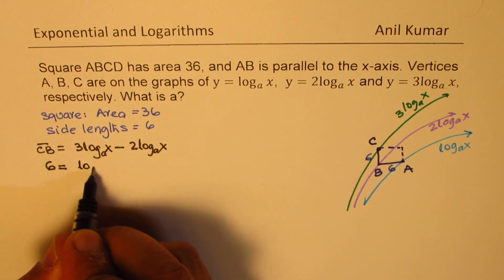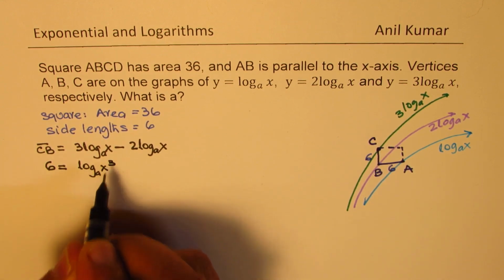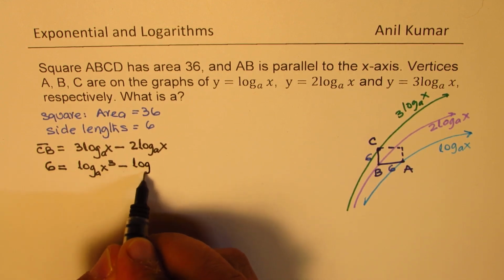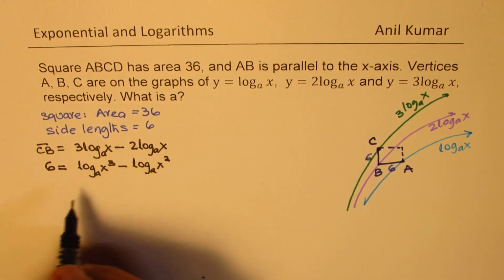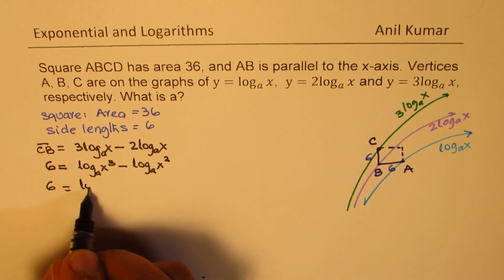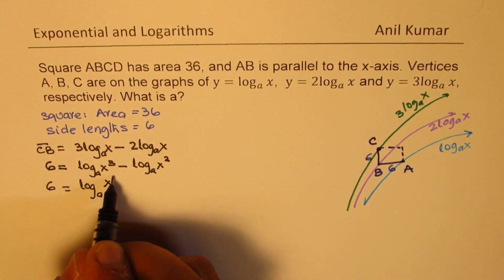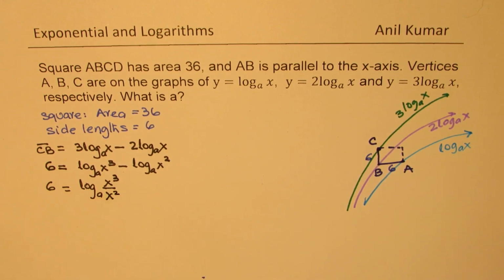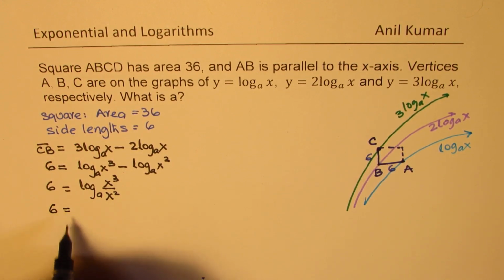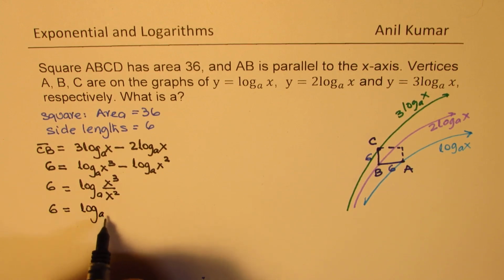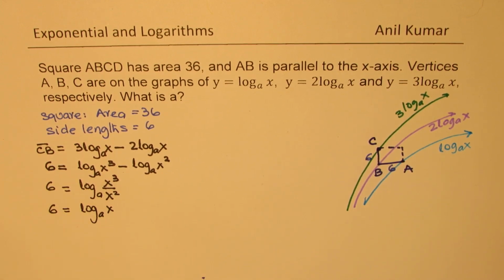We get log to the base a of x cubed minus log to the base a of x squared, and then 6 equals log to the base a of x cubed over x squared. So that gives you 6 equals log to the base a of x, since the x squared cancels. From here we can say that a to the power of 6 is equal to x. So we get one condition about x, and that is x equals a to the power of 6.